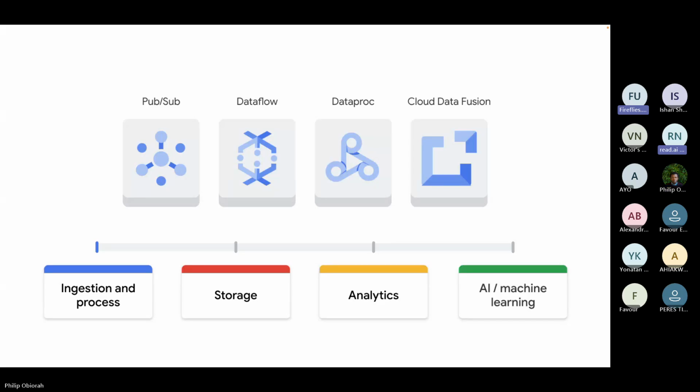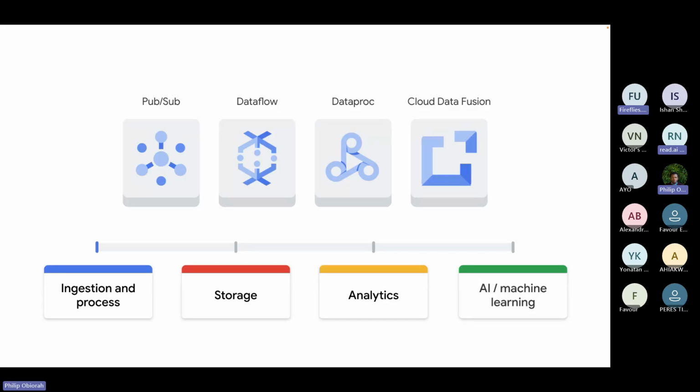Now, moving to the next, Cloud Data Fusion. This is a fully managed, cloud-native enterprise data integration service for quickly building and managing data pipelines. It's very good for teams that want visual drag and drop.